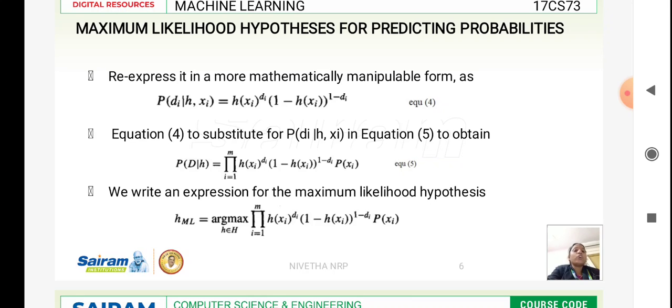When you write this in the form of maximum likelihood, you derive the maximum likelihood hypothesis. The final expression we derive is argmax over h belonging to capital H of h of xi to the power di multiplied with 1 minus h of xi to the power 1 minus di, into the probability of xi.